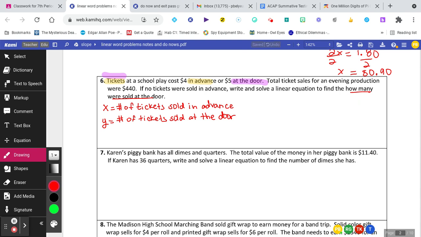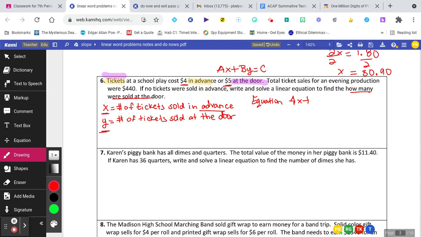All right. So there's thing one and thing two, and then again, a value associated with each one becomes the coefficient. So the coefficient of x. Well, what value is associated with those sold in advance? Well, that would be the value for the number 4. So I know in my equation, if I'm writing in the form ax plus by equals c, then I can write 4x plus, what's the value of the ticket sold at the door?